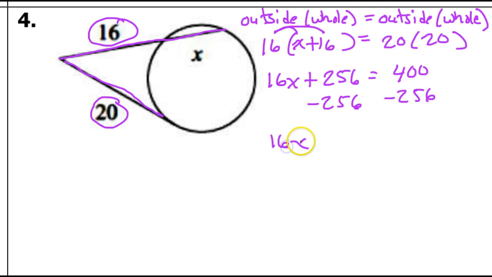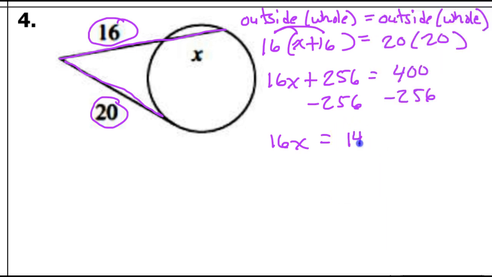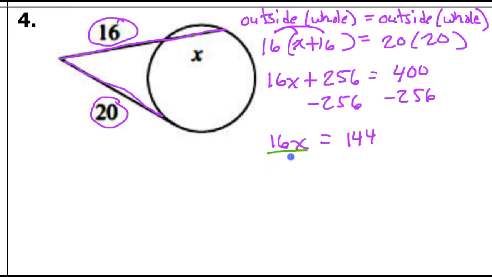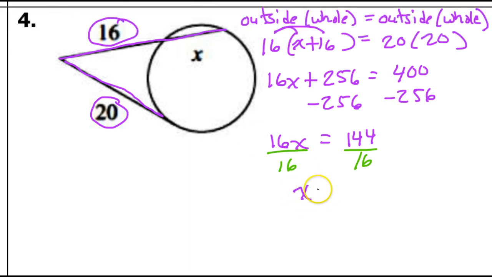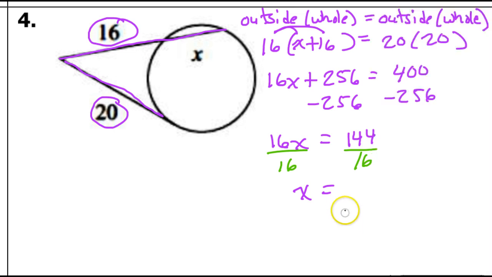So that's going to give me 16x is equal to 144. And then I need to divide both sides by 16. So that is going to be 9. So x equals 9.